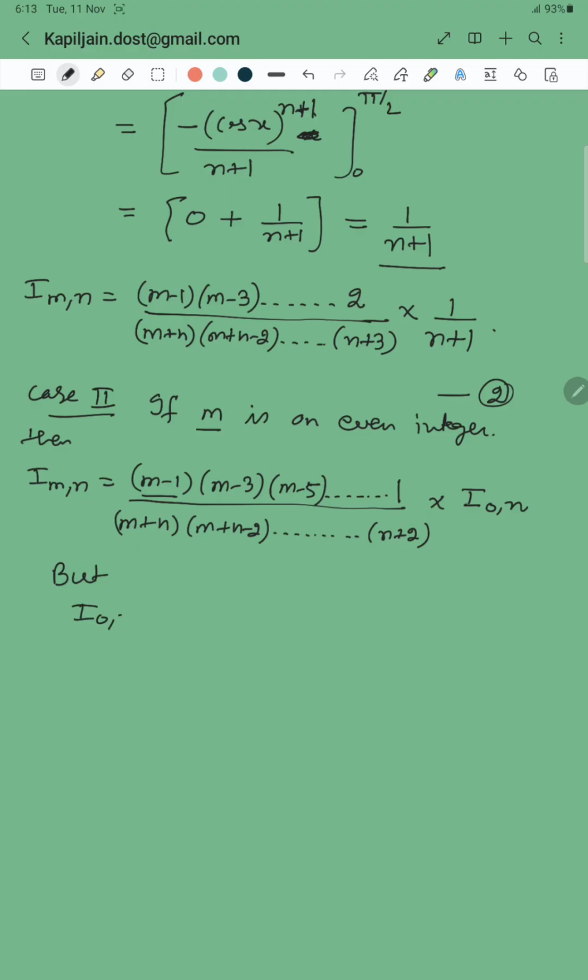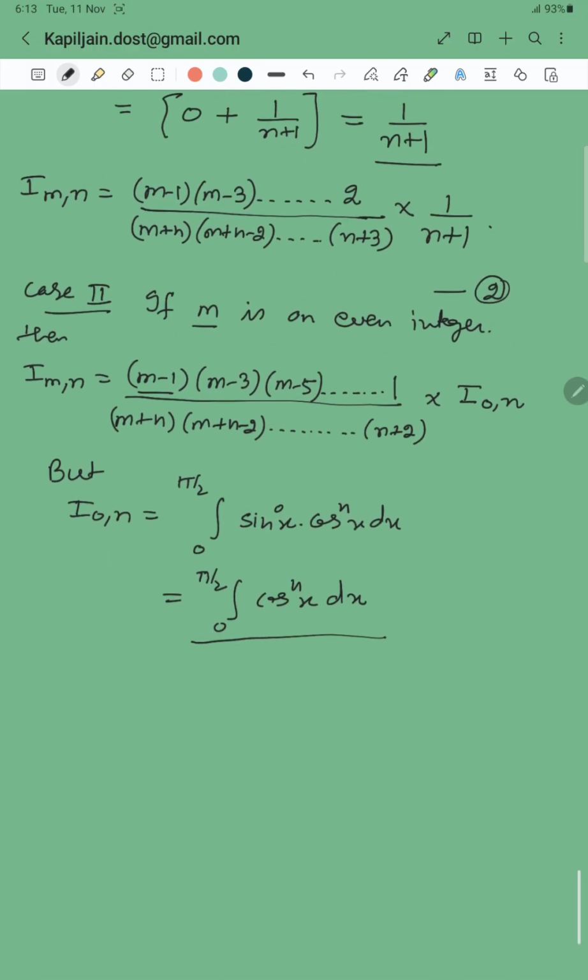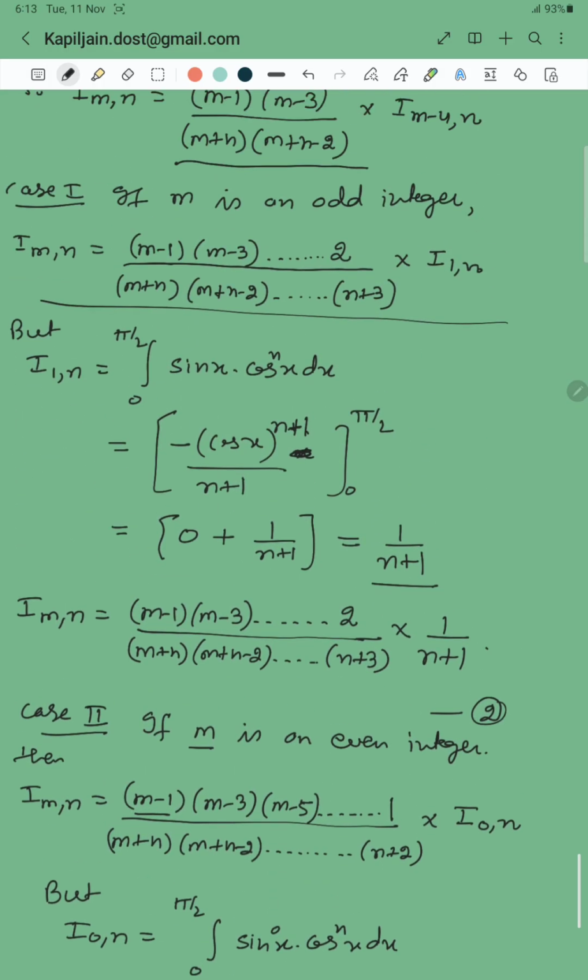But I_0,n is the integral 0 to pi by 2 of sin raised to power 0 x into cos raised to power n x dx, which is equal to the integral 0 to pi by 2 of cos raised to power n x dx. Now what will be this integral? And this is Wallis formula, we have already done.